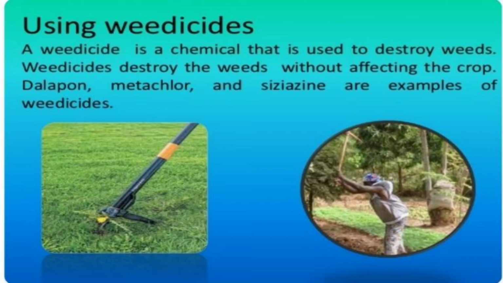That's why we need weedicides for controlling or destroying the weeds. Weedicides destroy the weeds without affecting the crop. They do not affect our crops, they only affect the weeds. Dalapon, Metachlor and Simazine are examples of weedicides. Understood.